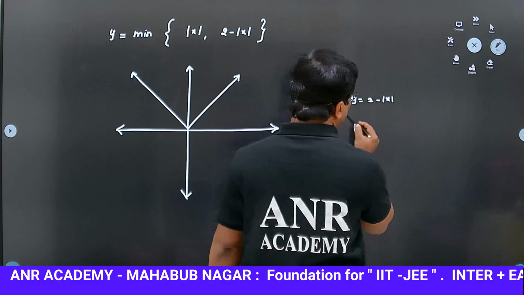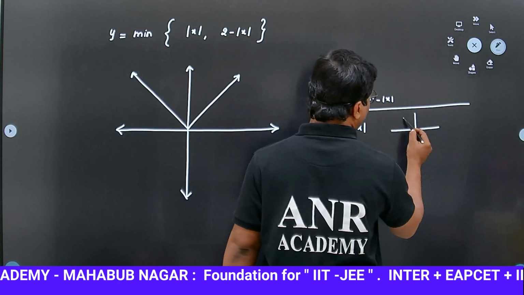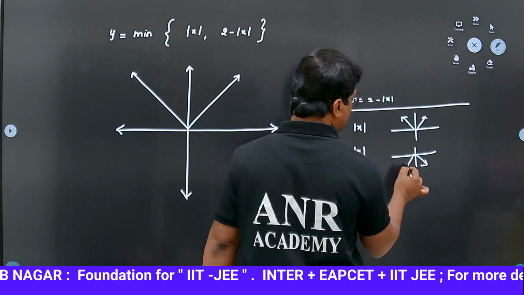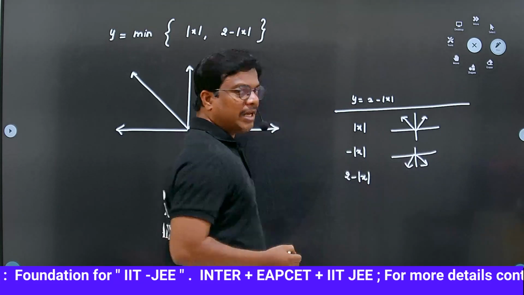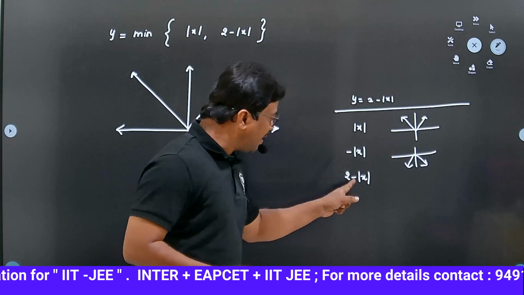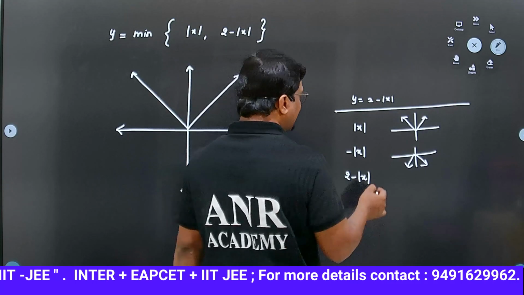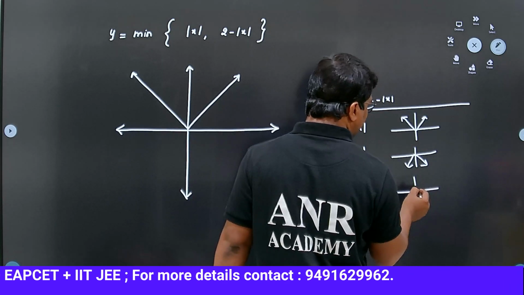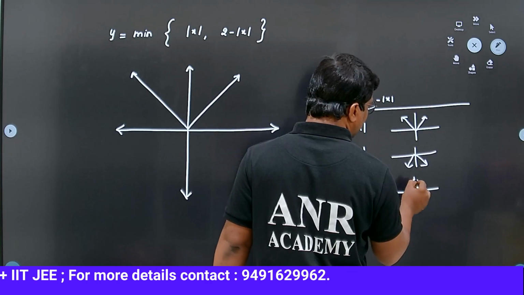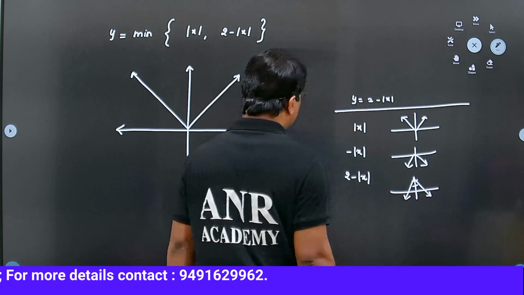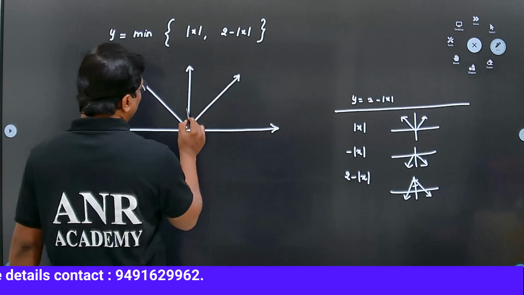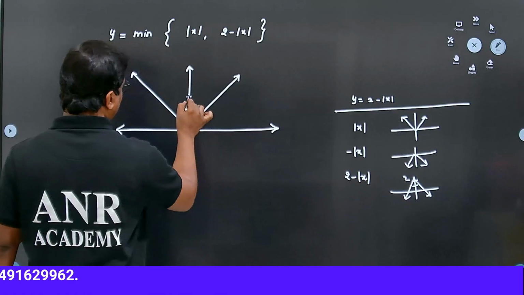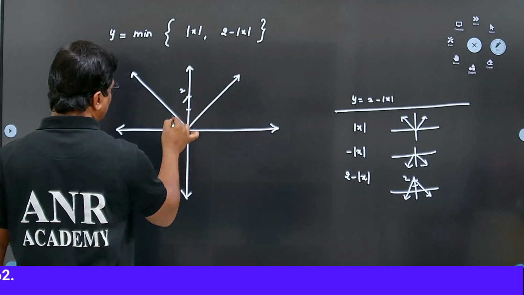You know the graphical transformations: mod x is a V-shaped graph, minus mod x is a reverse V. For minus mod x you have to add 2 units, and when you add 2 units, it goes like this. So this is the graph: a reverse V with sharp edge at 2, remember.